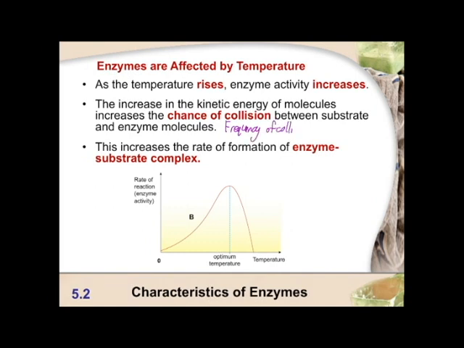So in a sense, your frequency of collision increases. And when your frequency of collision increases, your frequency of effective collision also increases. And this will then increase the rate of formation of the enzyme substrate complex.